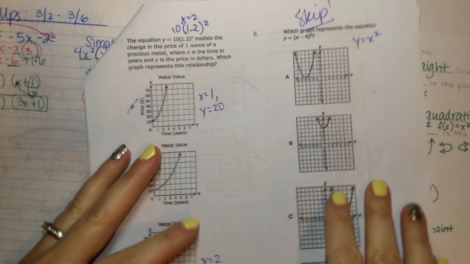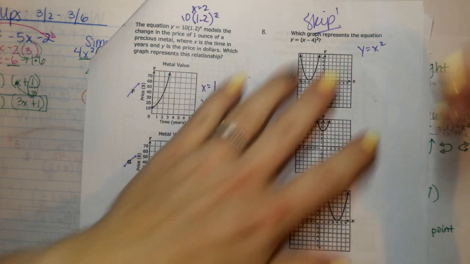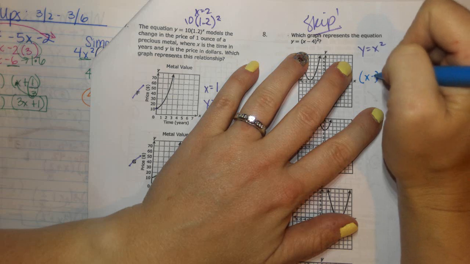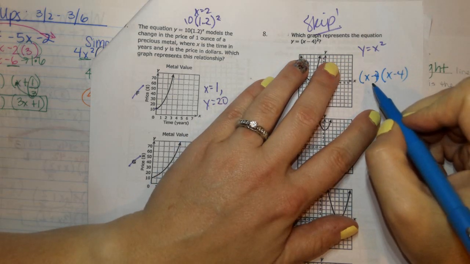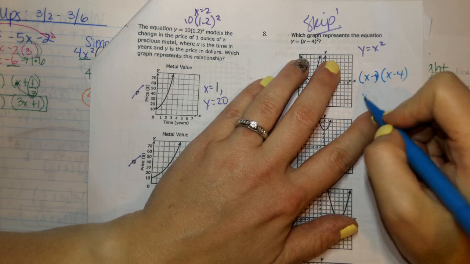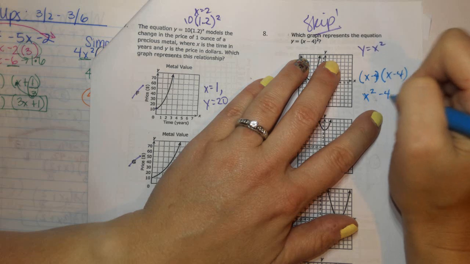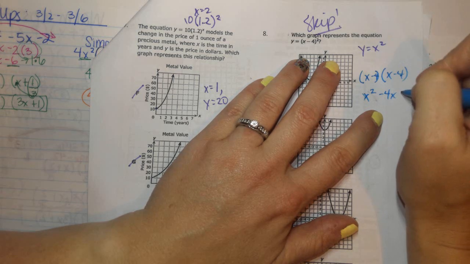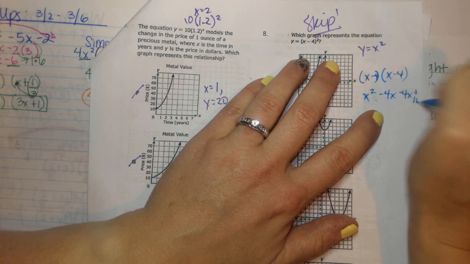for this one, guys, let me just show you an easy way to do this. It's x minus 4 times x minus 4. We can FOIL this out, right? First times first is x squared, outer is minus 4x, inner is minus 4x, and last is plus 16.